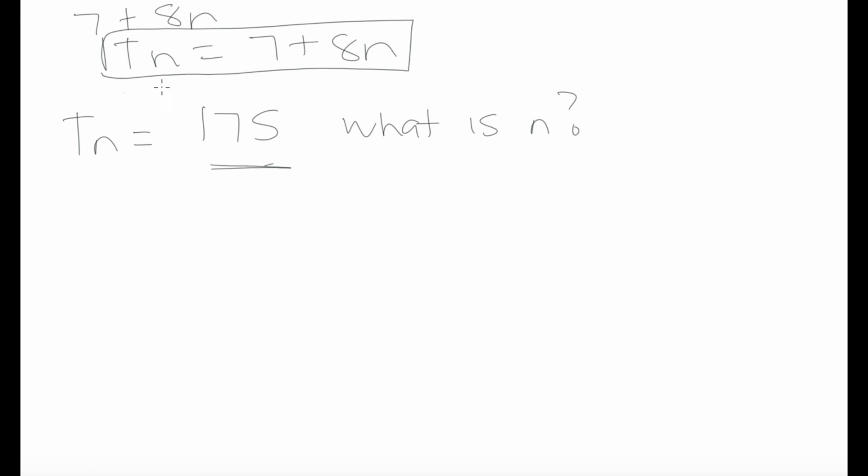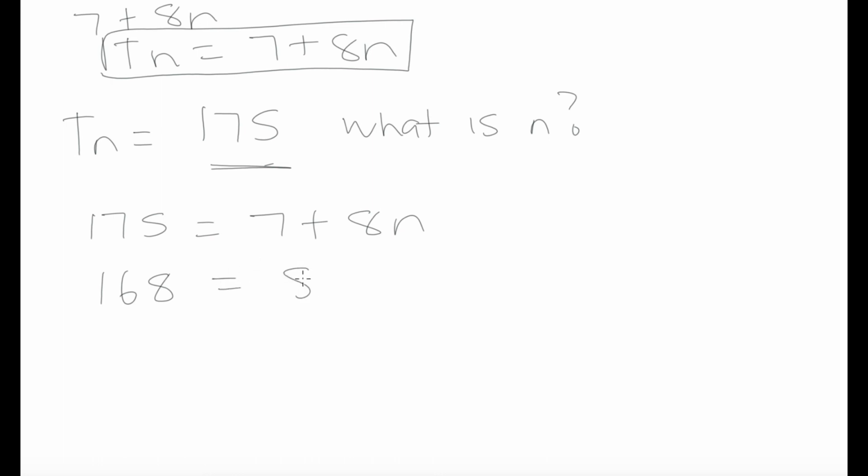Well, now that we have our general formula for our sequence, we can just plug in 175 for Tn and solve for n. So we would write this as 175 is equal to 7 plus 8n. 175 minus 7 is going to be equal to 168.